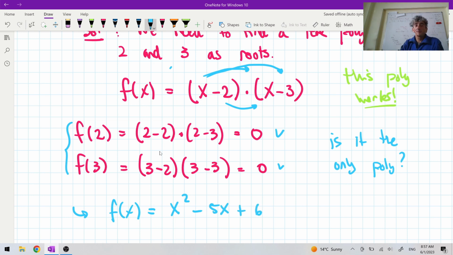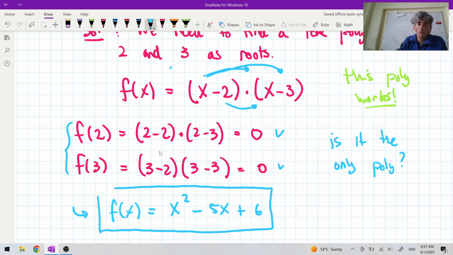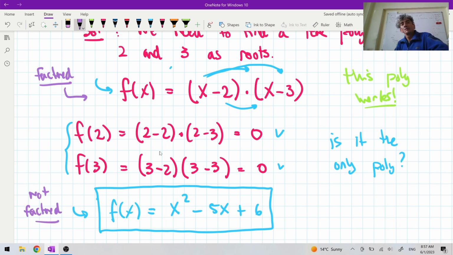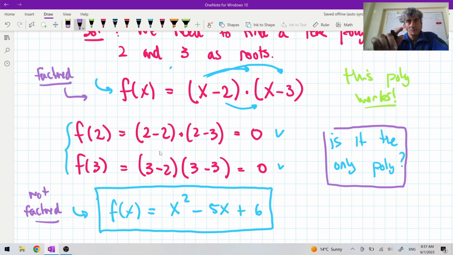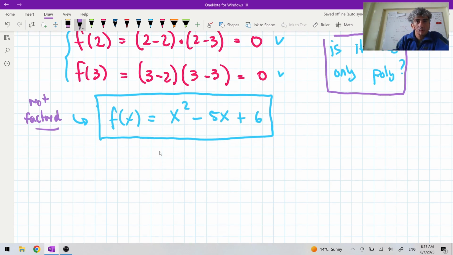So this is the polynomial that we were looking for, which is the same as this one, but this one is written factored, and this one is not factored. Is it the only polynomial that satisfies this? Well, clearly not. We can find a great many other polynomials.